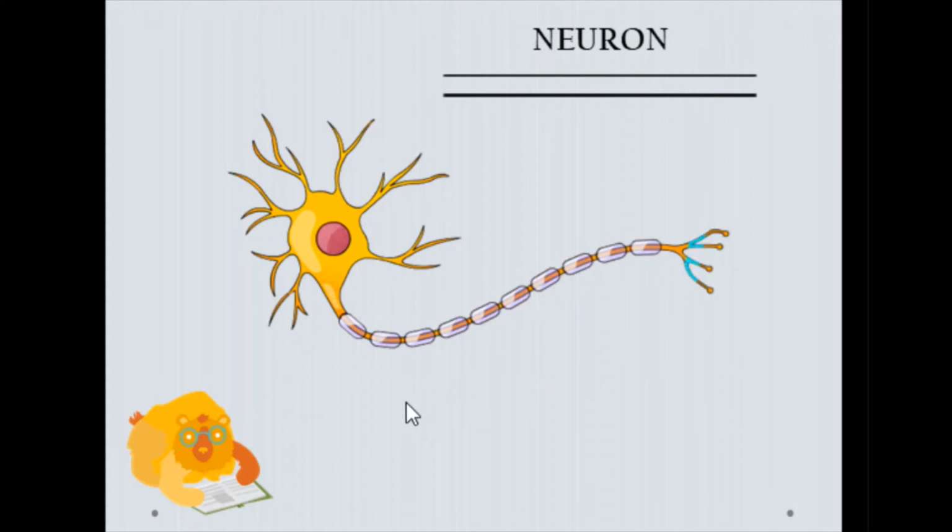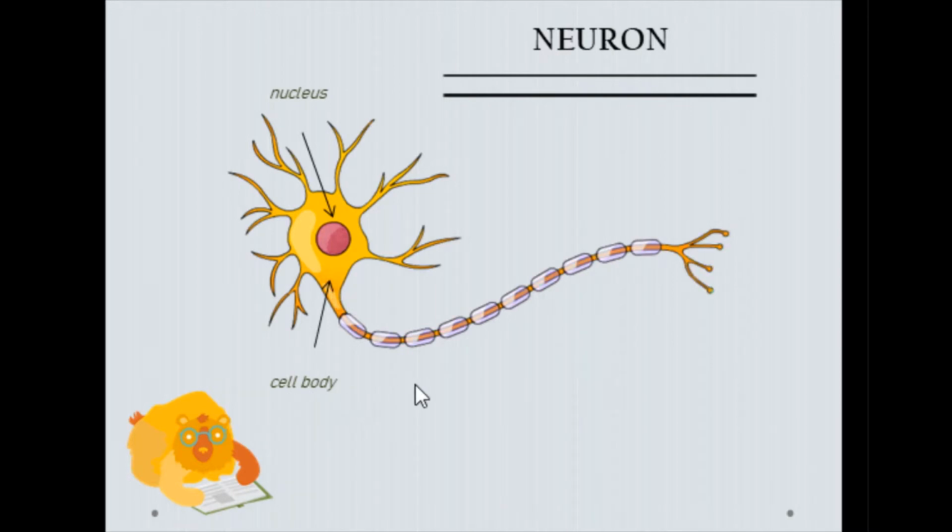Let's try to know the parts of our neuron. First, we have this tiny circle inside, and it's called nucleus. Next, cell body.